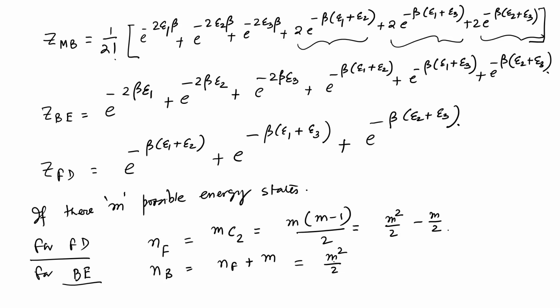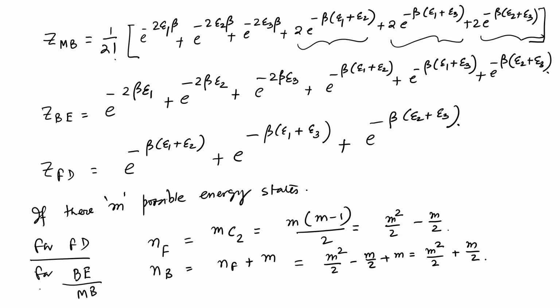Okay. So, this is equal to m square by 2 minus m by 2 plus m. So, that gives you m square by 2 and a plus m by 2 instead of a minus m by 2. And similarly for the MB distribution.